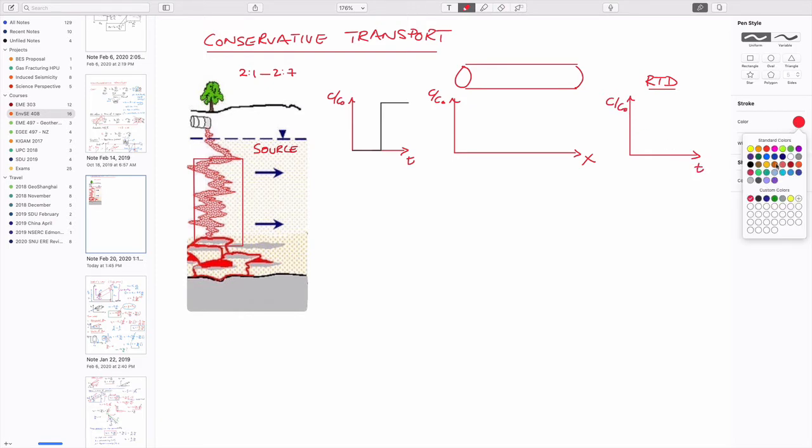Painting it with a very broad brush, we can think of the concentration distribution as looking a bit like this. We know now that this isn't quite true, but this is the source region, turned on at time t0.